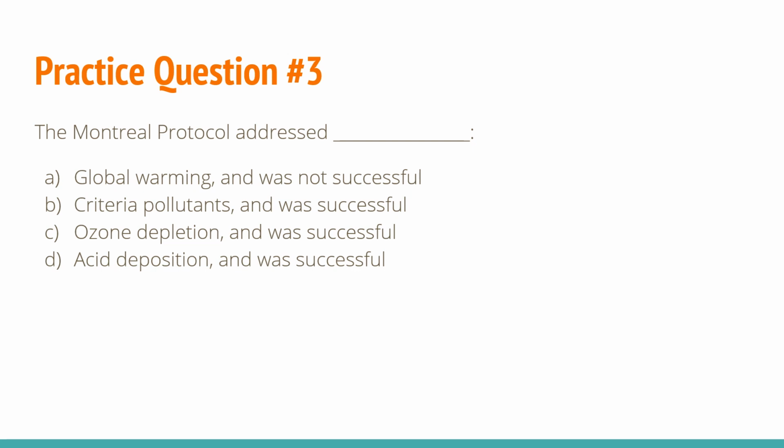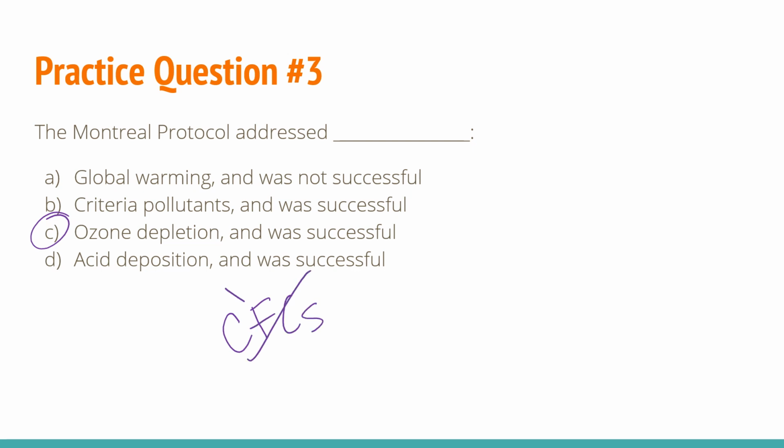Practice question number 3. The Montreal Protocol addressed A, global warming and was not successful, B, criteria pollutants and was successful, C, ozone depletion and was successful, or D, acid deposition and was successful. Correct answer is C, ozone depletion. So when you're thinking Montreal Protocol, you're thinking CFCs.